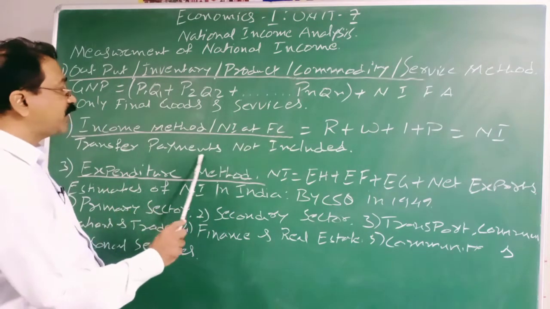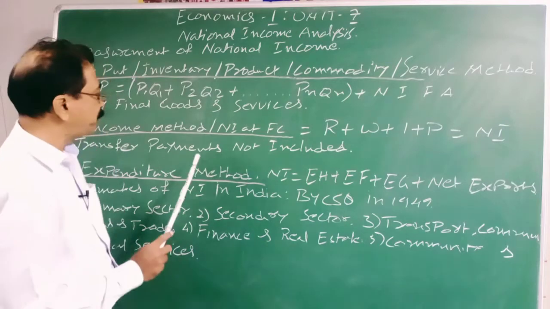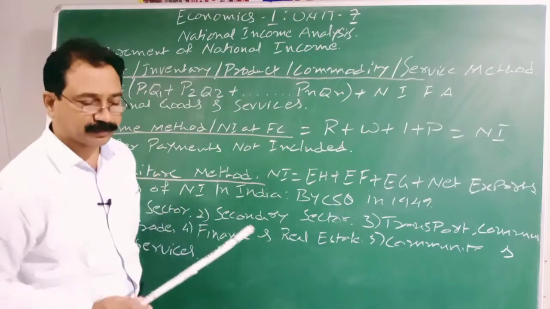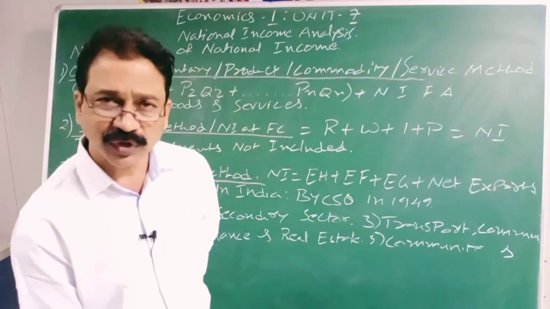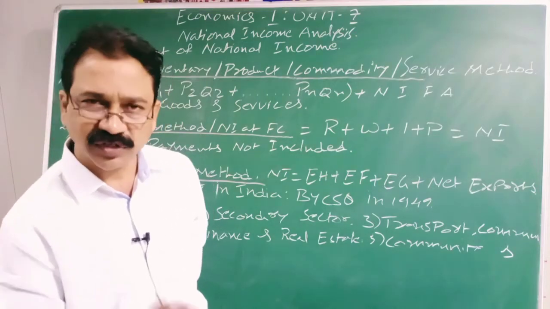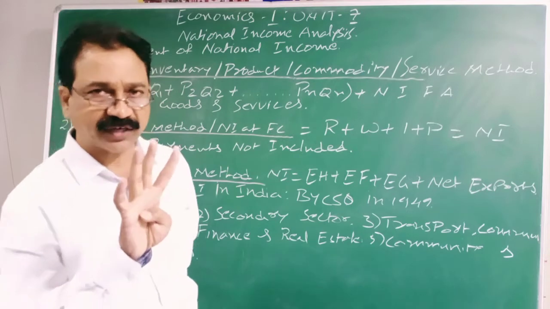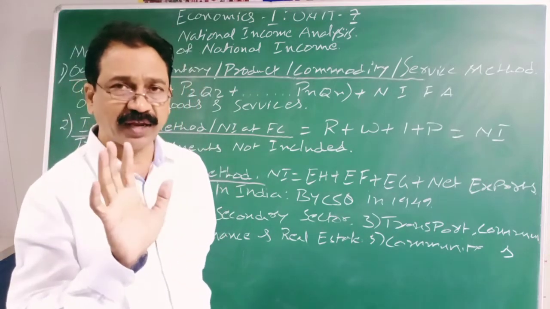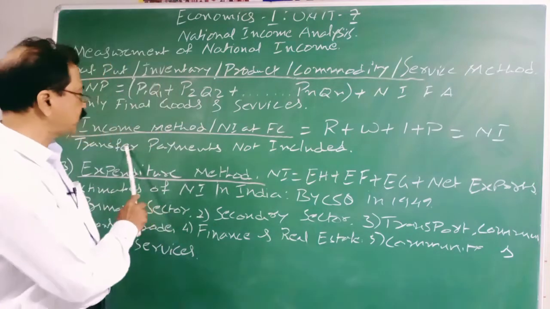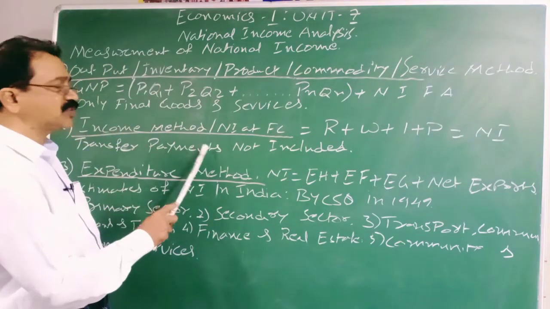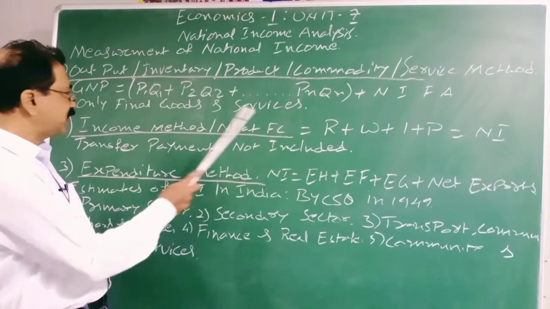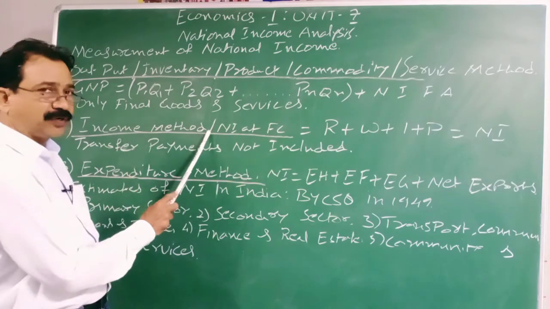But here we are not going to include transfer payments in this income method. Even though it is also a source of income. It is also a source of income for 4 factors or people. But this income is not going to be calculated in this method. We won't include transfer payments. So simply transfer payments are not included in this income method.